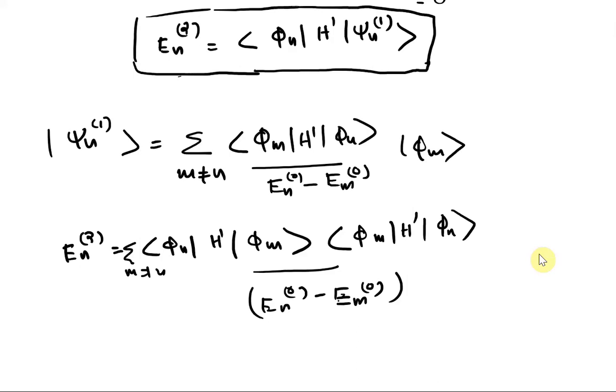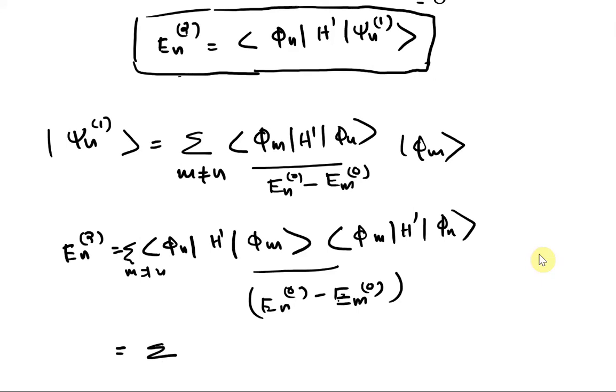I think all the terms already came in. So you can see that phi m h prime phi n, and here what you have is phi n h prime phi m. This is just the complex conjugate of this quantity, right? So the entire term you can call phi m h prime phi n squared.